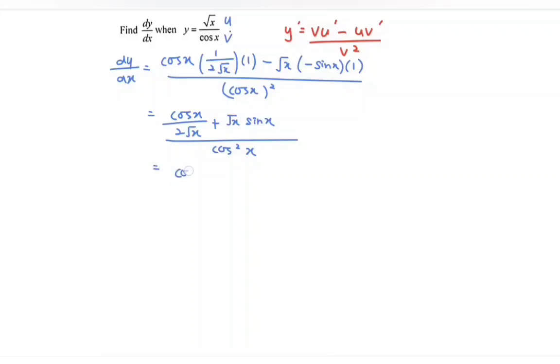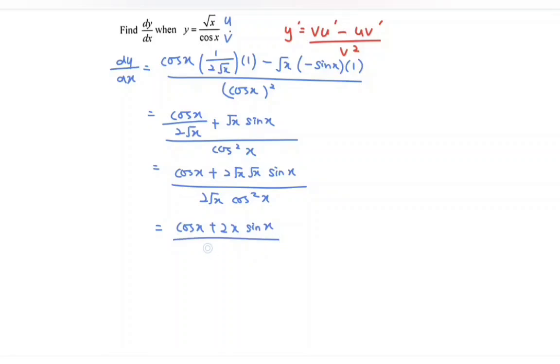So we have cos x plus, if we multiply with the 2 sec x, and then sine x, over, we have the 2 sec x cos square x. Rewrite the situation. So cos x plus with the 2x sine x, over, we have the 2 sec x cos square x. So that is the dy dx.